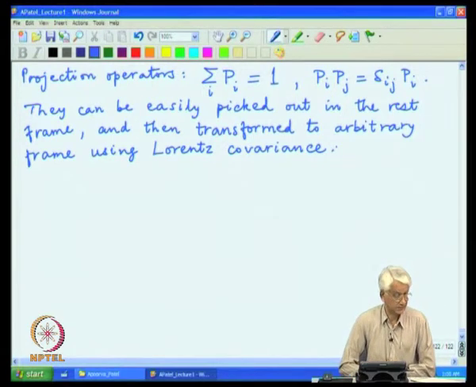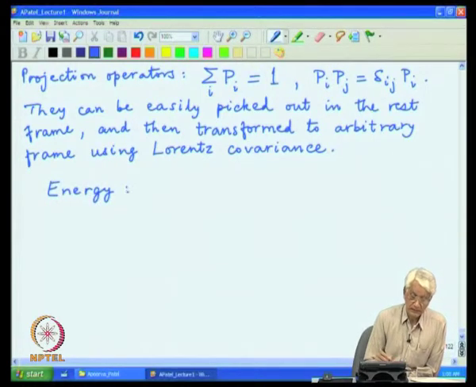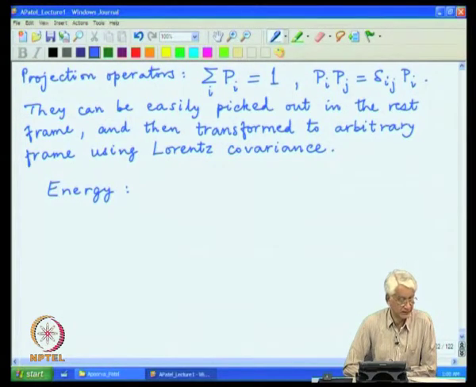So, what are the projection operators for energy? The structure which we had in the rest frame, the energy is just specified by the matrix gamma 0. Now, we have to write the matrix gamma 0 in a Lorentz covariant form.